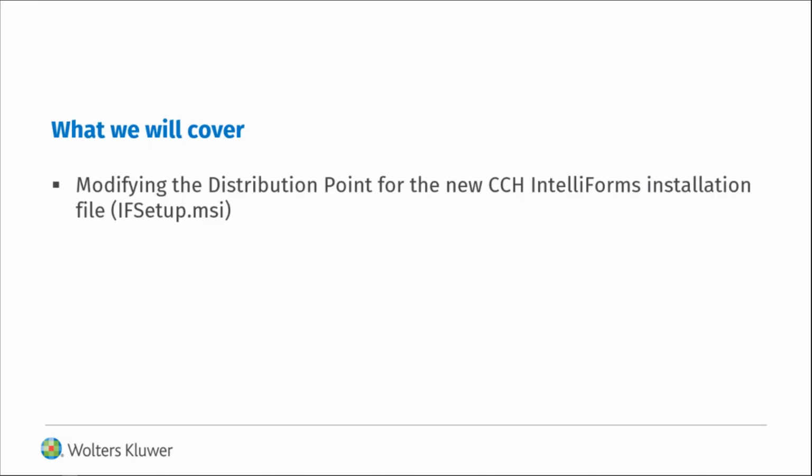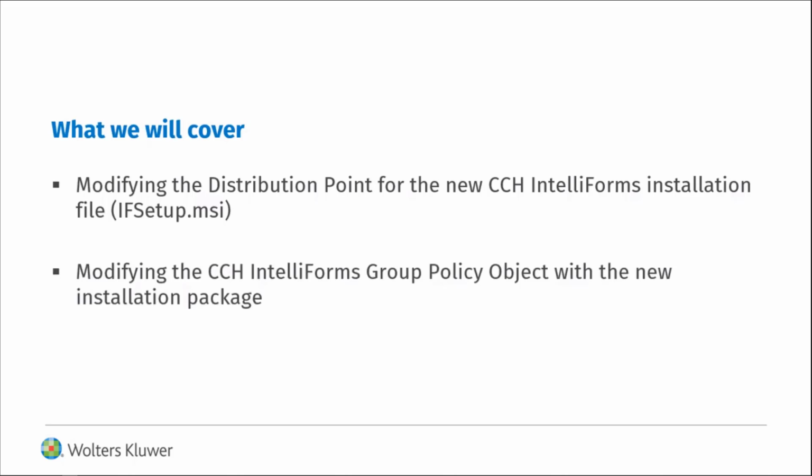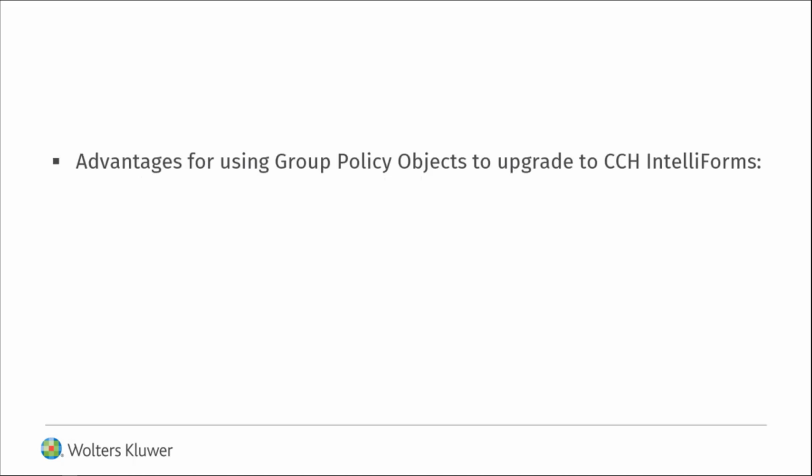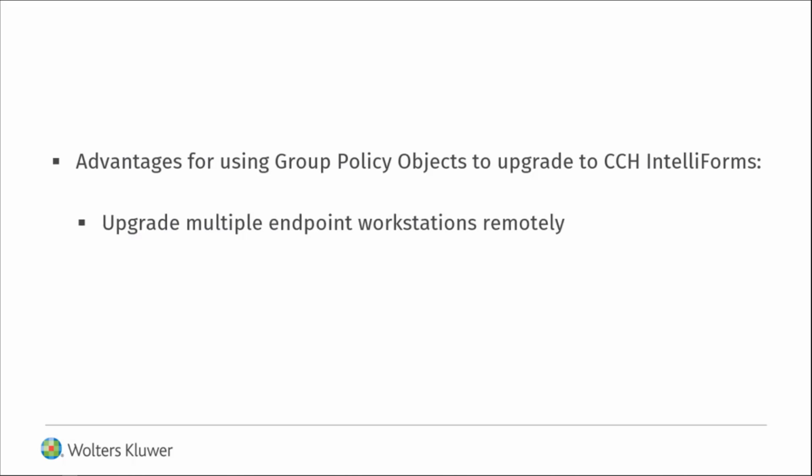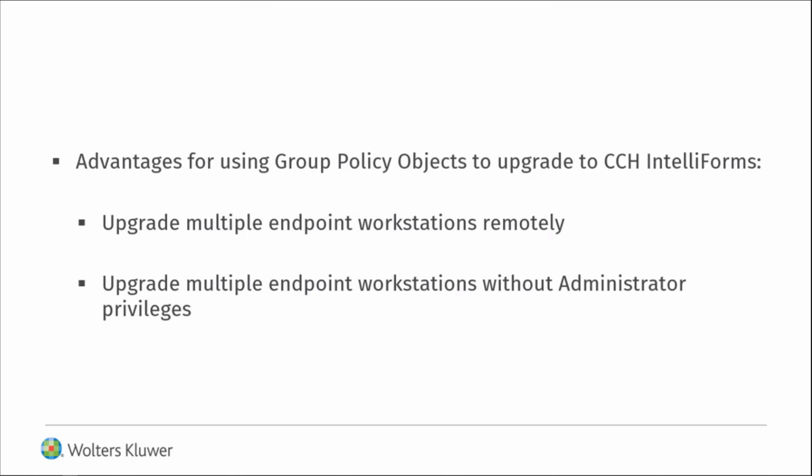In this video, we will cover the following topics for upgrading CCH IntelliForms: modifying the distribution point for the new installation file, ifsetup.msi, modifying the CCH IntelliForms Group Policy object with the new installation package, and testing the upgrade process. The advantages for using GPO to upgrade to CCH IntelliForms are you can upgrade multiple endpoint workstations remotely and upgrade the endpoint workstations without administrator privileges.